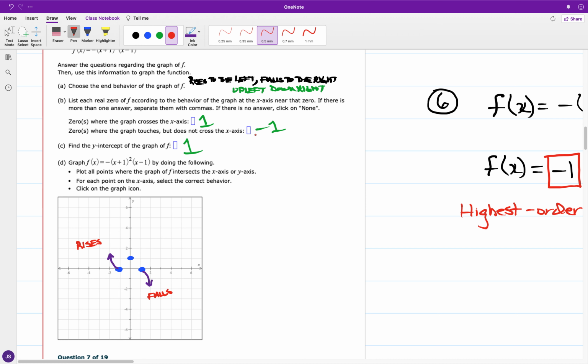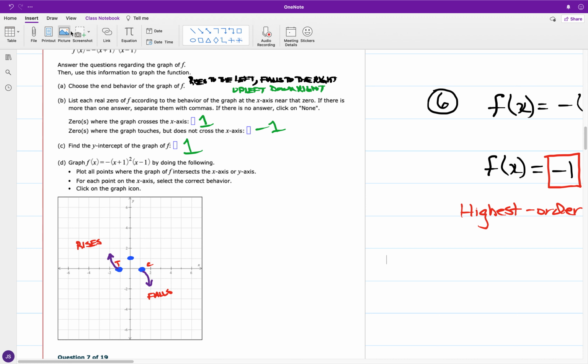At negative 1, the graph is going to touch, and at x equal to 1, the graph is going to cross. And again, you have your y-intercept at y equal to 1. And just to show you the dynamic that's going to play out, I'll go ahead and show you the graphed out version of this.